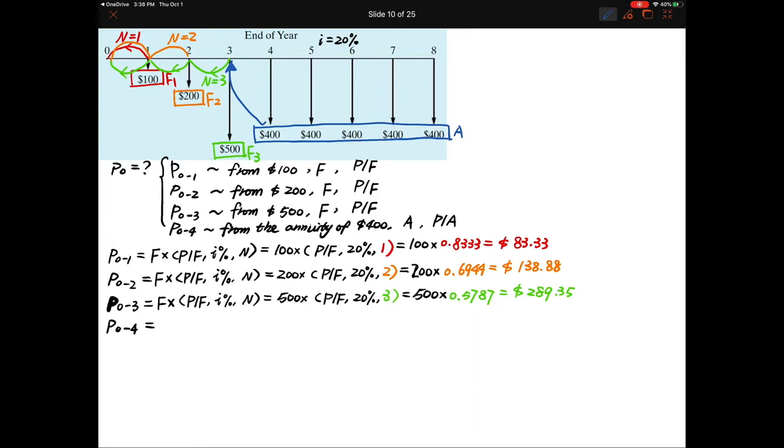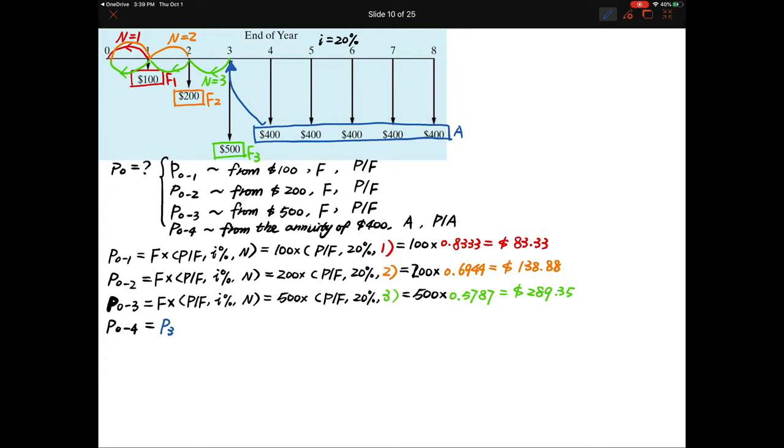Okay? So first you want to use the annuity equation. You are looking for the equivalent value at the end of year 3, which is from the annuities. And that value, you can call it P3 because that's some present value compared to the later annuities.